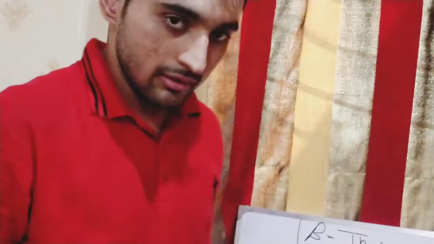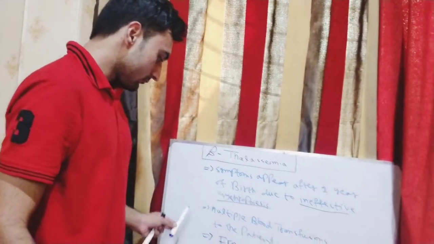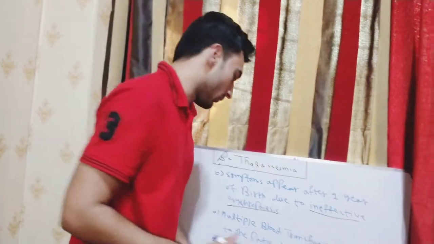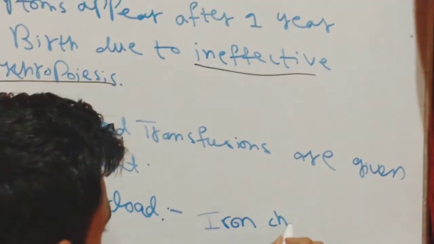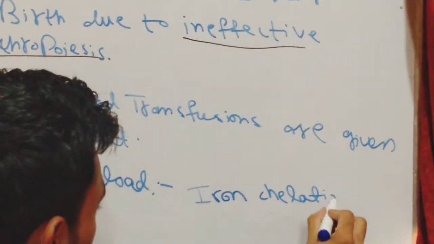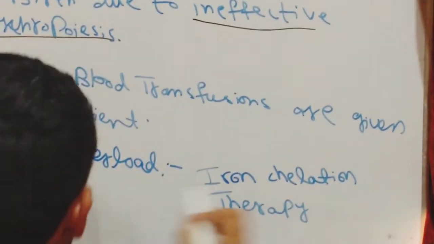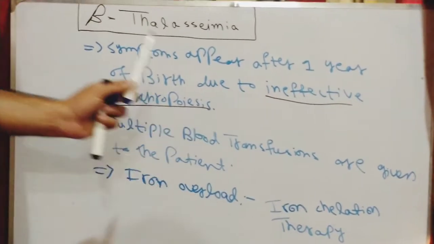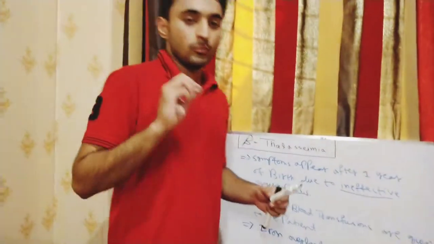And this iron overload also needs to be combated. In order to treat this iron overload, iron chelation therapy is required to remove this iron overload, which is the setback of the multiple blood transfusions. So these are the temporary treatments which are required to heal the major thalassemia.